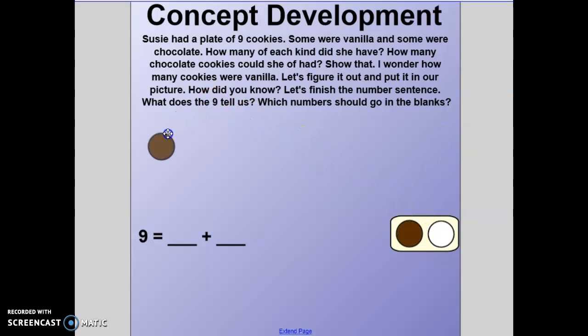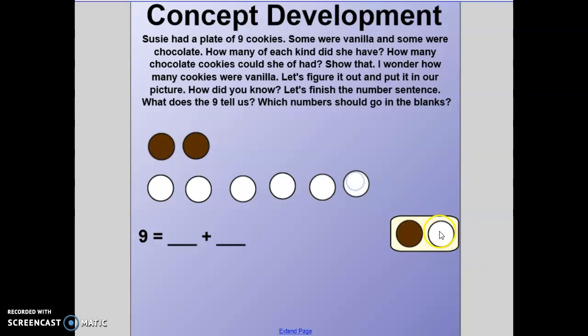So I'm just going to put 2 chocolate and 1, 2, 3, 4, 5, 6, 7 vanilla. My favorite cookies are Half Moon cookies, which are both chocolate and vanilla.